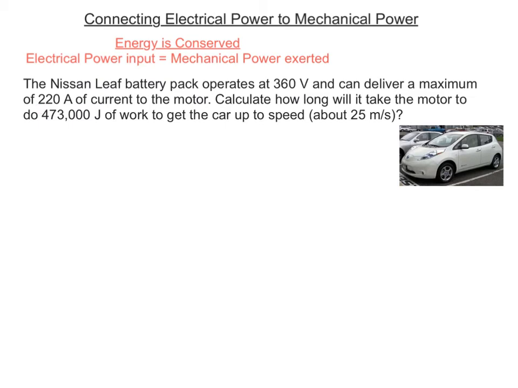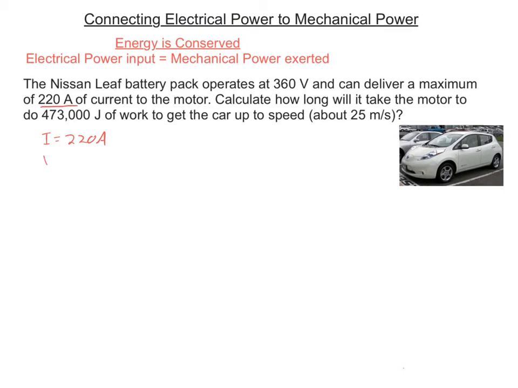Now, I did a little background calculation, and it's about 473,000 joules of work that's going to be needed to get this 1,500 kilogram car up to a speed of 25 meters per second. So the question is, how long will it take? If we make ourselves a variable bank, I know I, 220 amps.